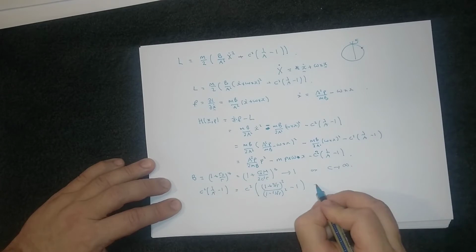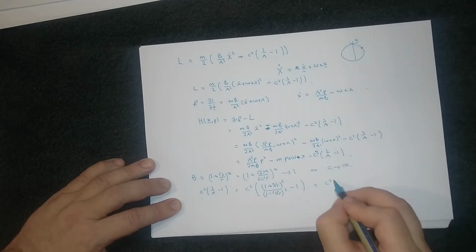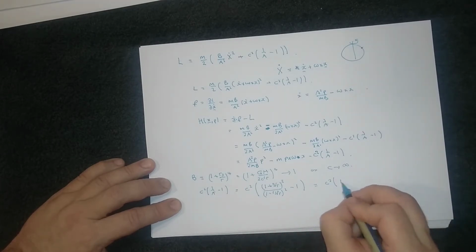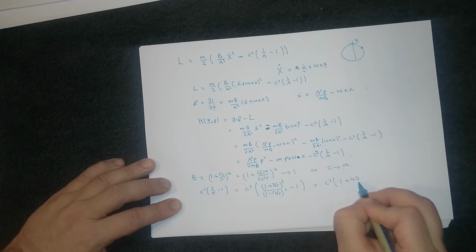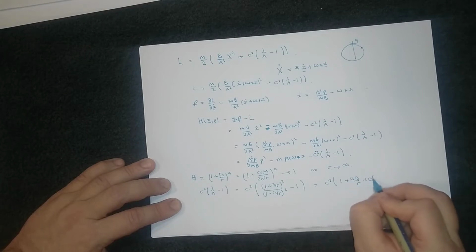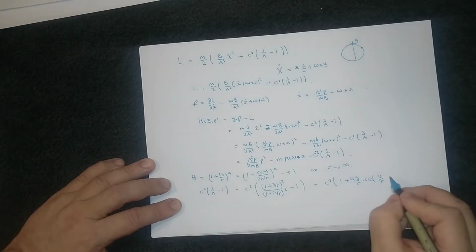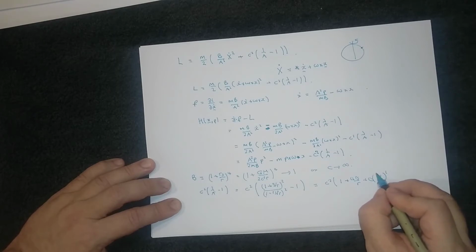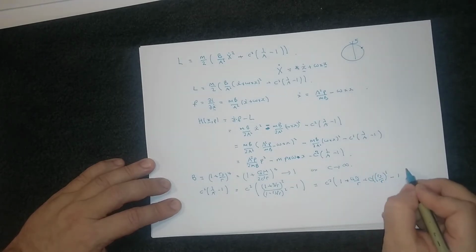You can use the binomial theorem on that. c squared into 1 plus 4 rs over r plus order (rs over r) squared minus 1.